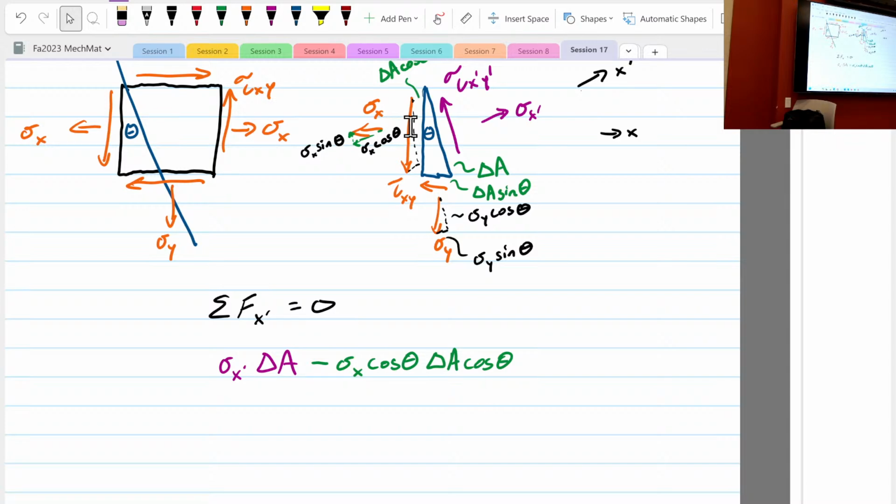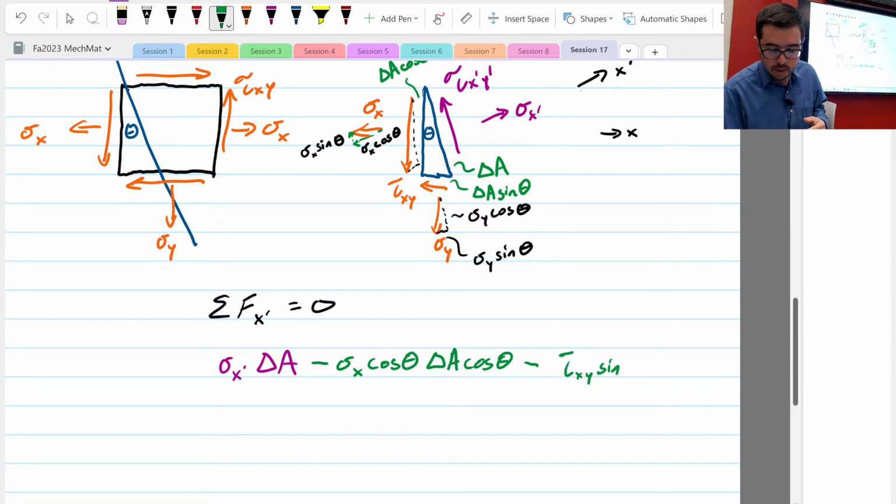And what is its component in that direction in terms of the stress component? How would you describe that? Tau xy sine theta. Good. And on which face? Excellent. Moving on.